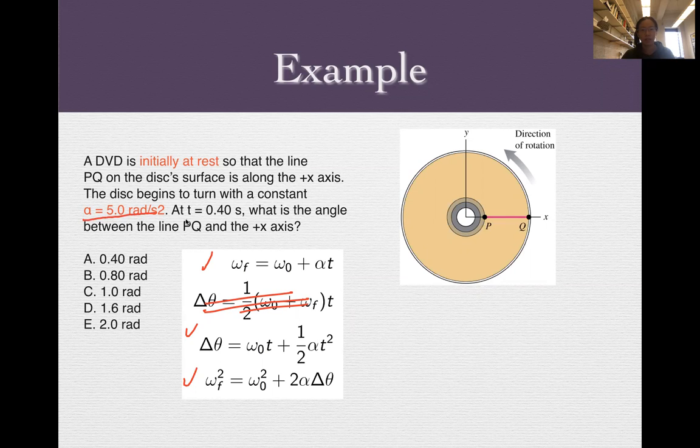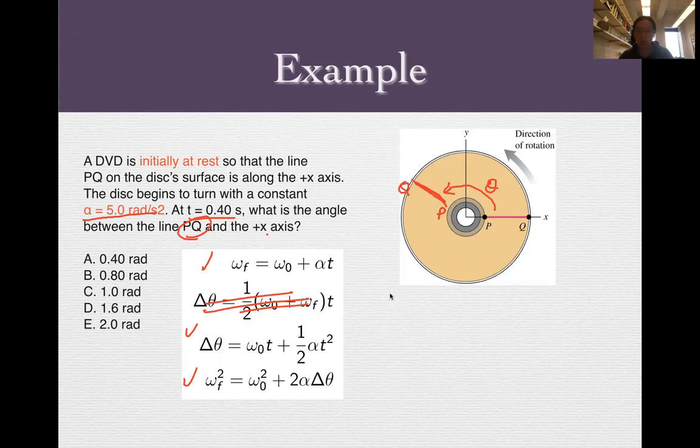At time t equals 0.4 seconds, what's the angle between PQ and the positive x-axis? This guy is going to turn, so maybe after 0.4 seconds it's going to be here. My question is, what's this angle?